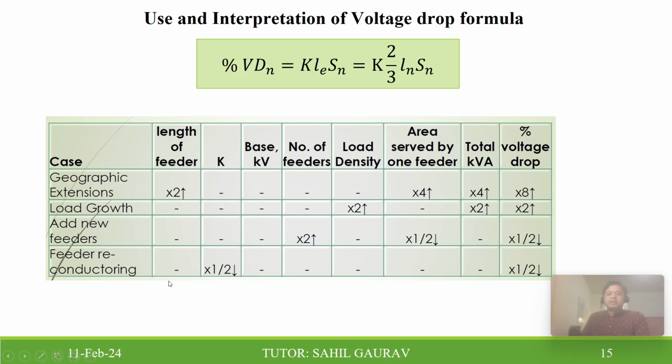And for feeder rerouting, if the k value gets half, then the percentage voltage drop is also reduced to half. So let us see the problems based on this interpretation of the voltage drop formula.